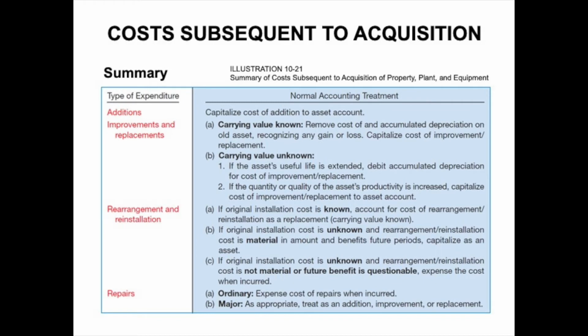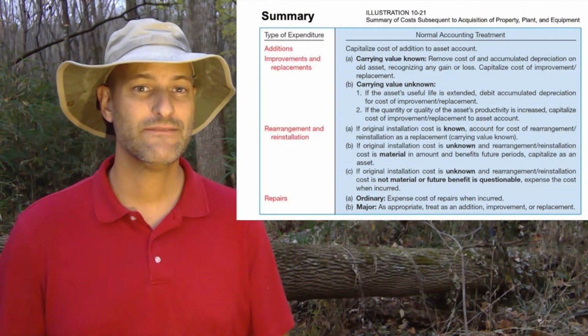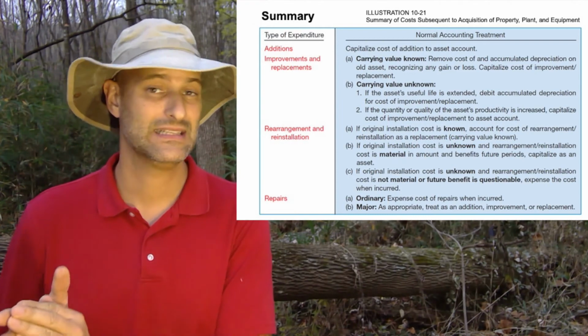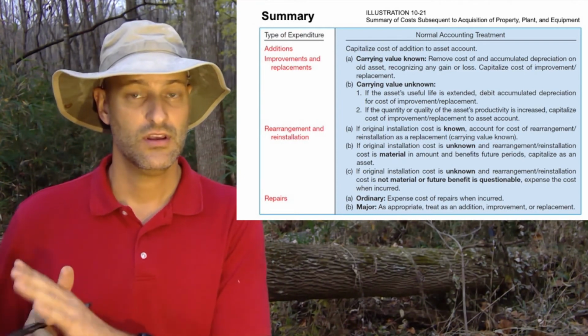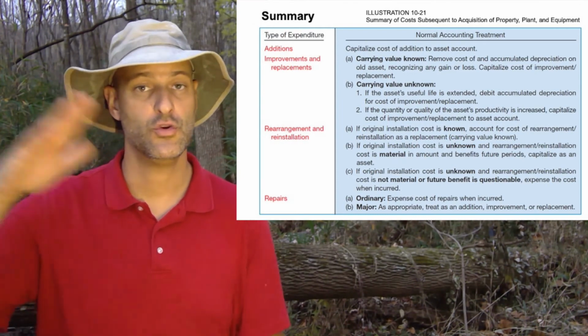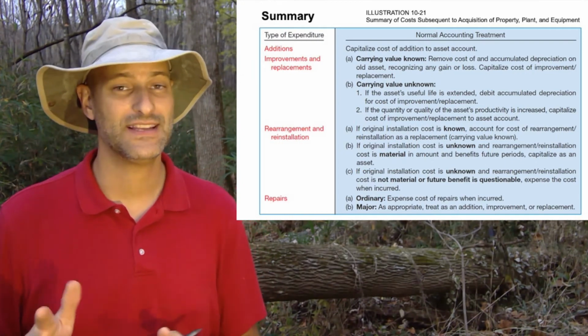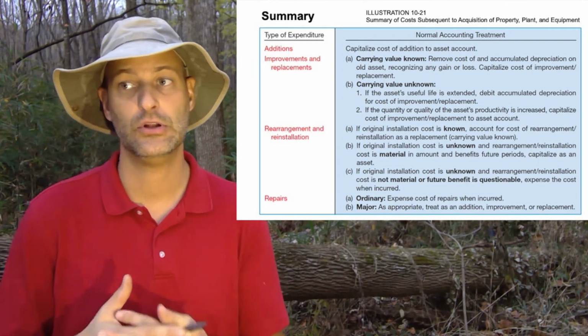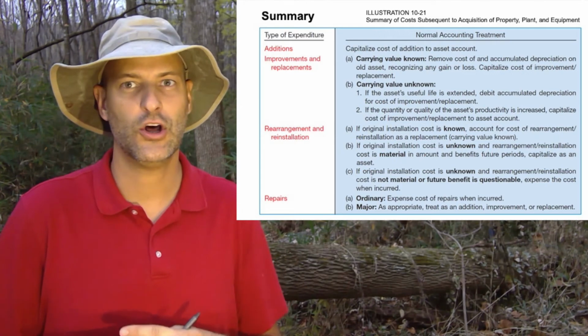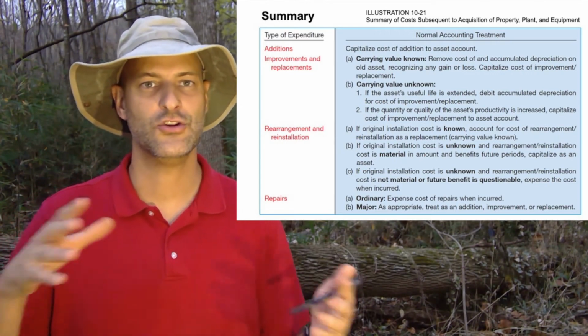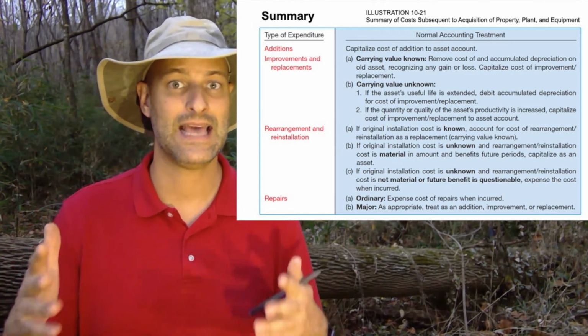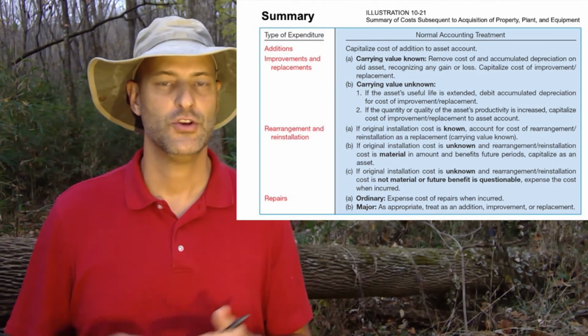So in general, additions get capitalized at the cost of the addition. If we have improvements or replacements, and the carrying value of what's getting replaced is known, we have to take that off and put the new one on. Now, oftentimes that's not the case. When you build a piece of equipment, you're not usually capitalizing things at that level, in which case you don't know what it is.